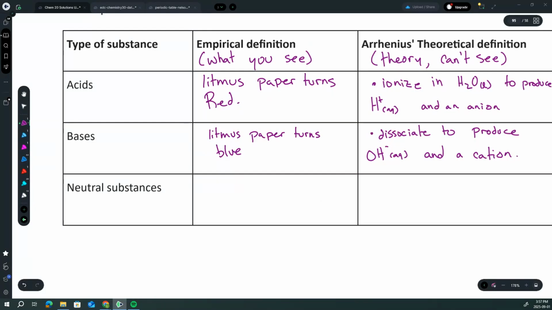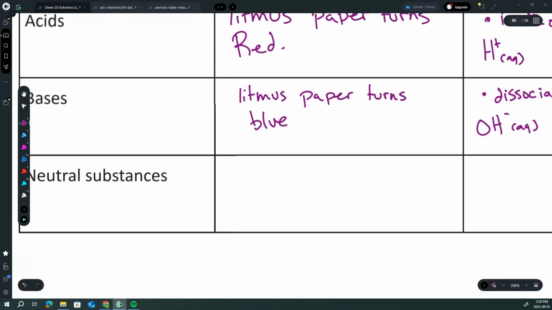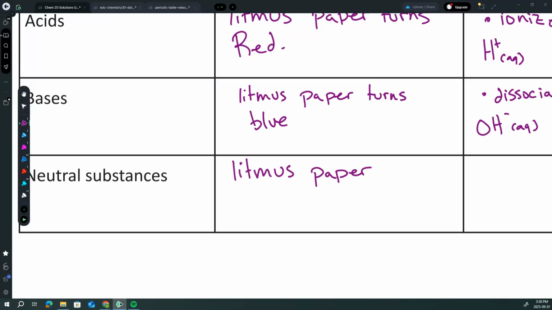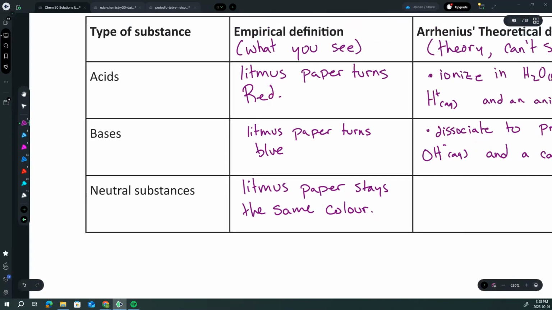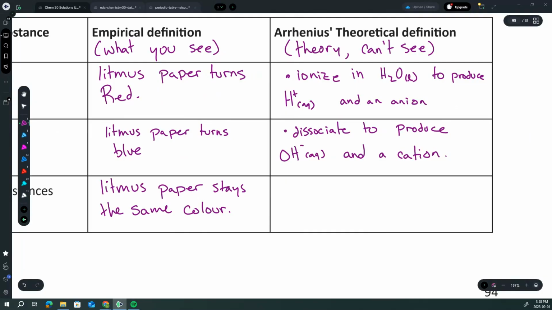Alright, now neutral substances. These are neither acids nor bases. So when you put litmus paper in a neutral substance, it's going to stay the same color. And Arrhenius's theoretical definition with neutral substances is if it's a neutral ionic substance that is soluble, it's going to dissociate.